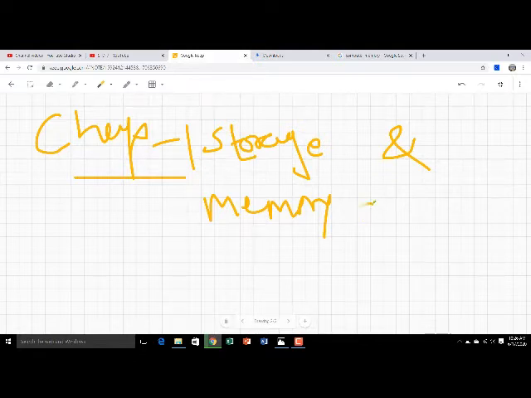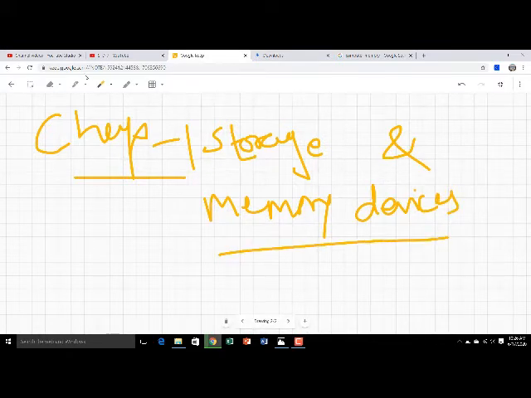So this is our chapter name. The standard is fourth, and the chapter is first, storage and memory devices.